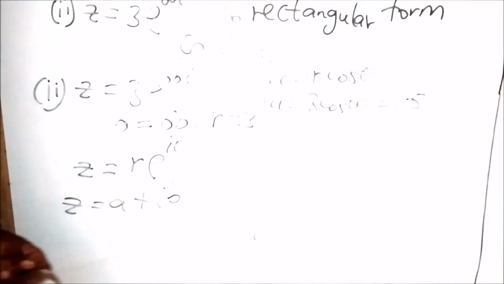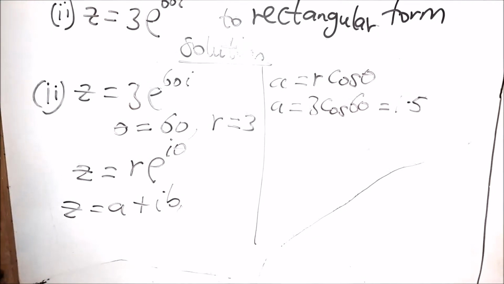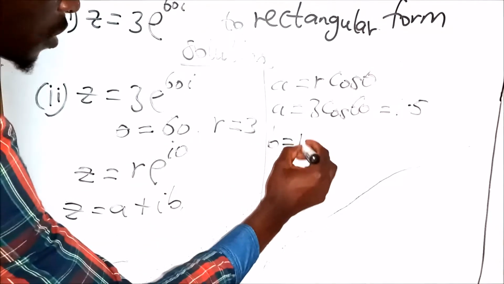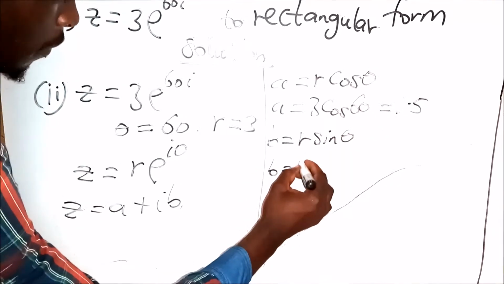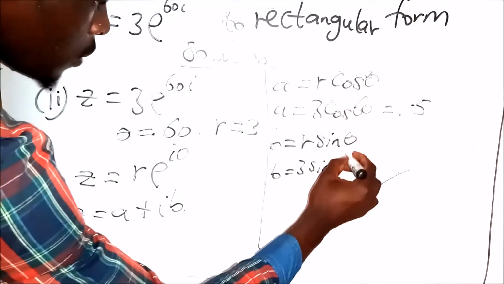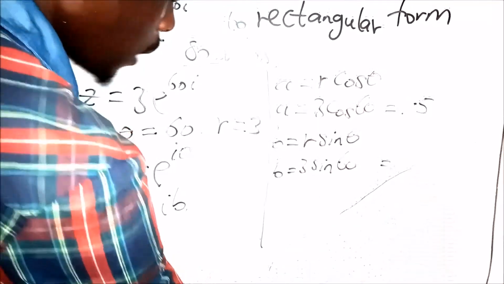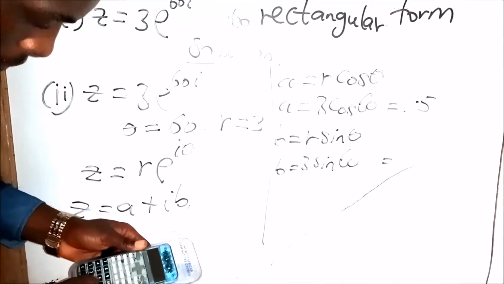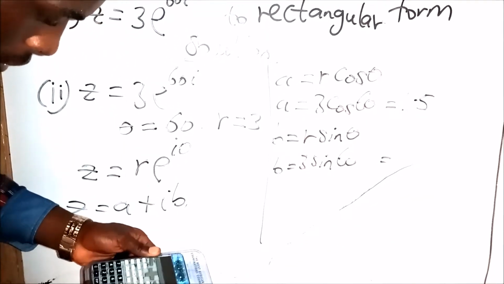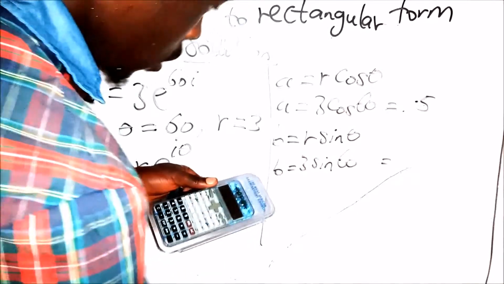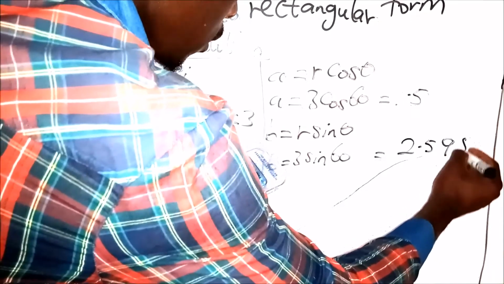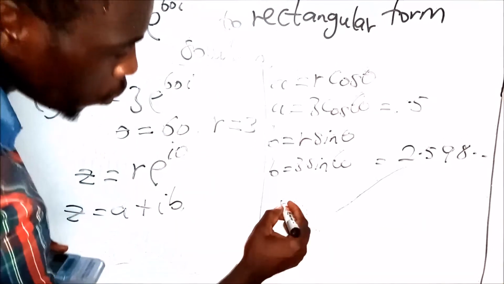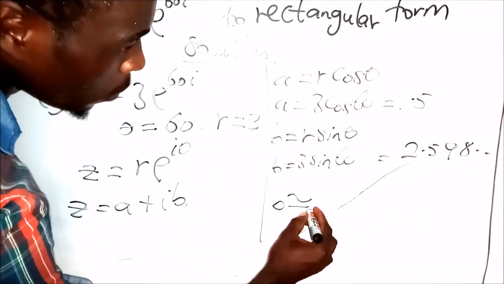Now this is our a. Then for the b, we have that b is equal to r sin theta. So we're going to have 3 sin 60, and 3 sin 60 is 2.598 and so on.